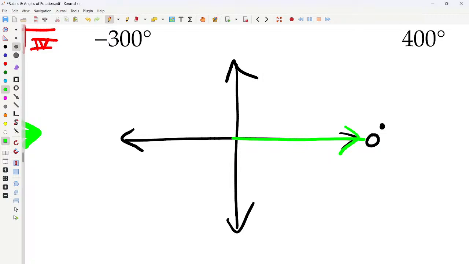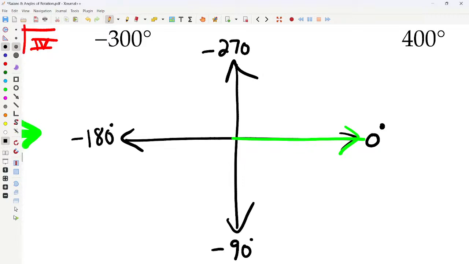Don't move your fingers towards the ceiling. We're going towards the floor. So now I'm just going to go this way. Well, that would be negative 90. This would be negative 180. This would be negative 270. And all the way back around would be negative 360.